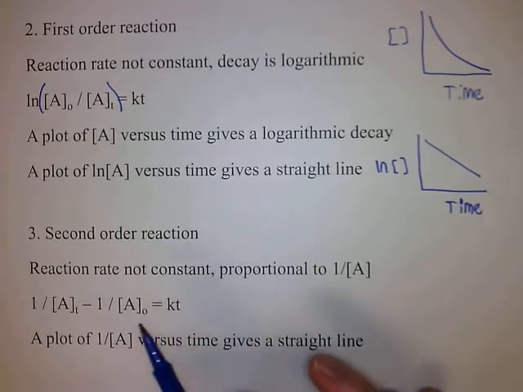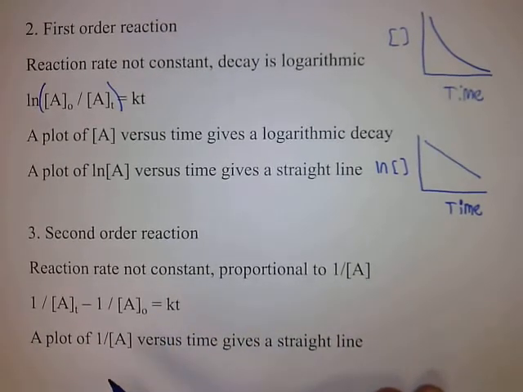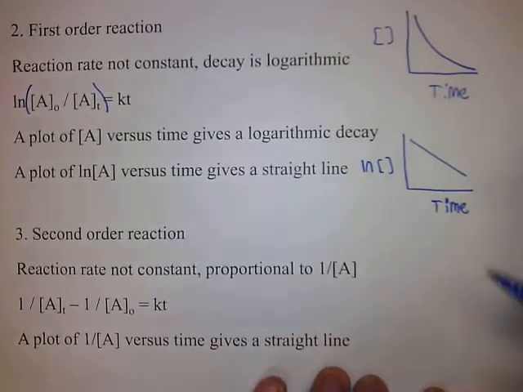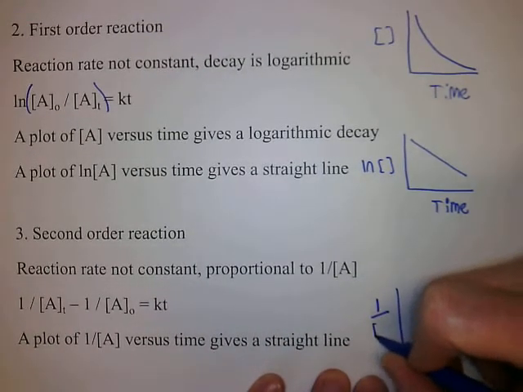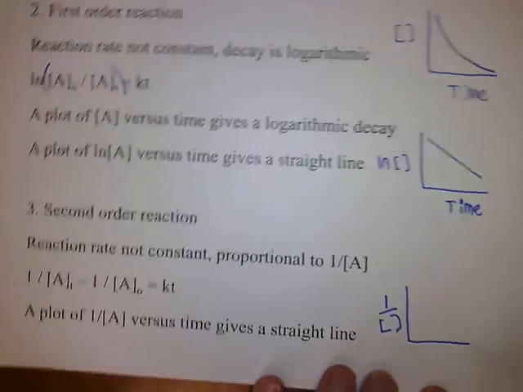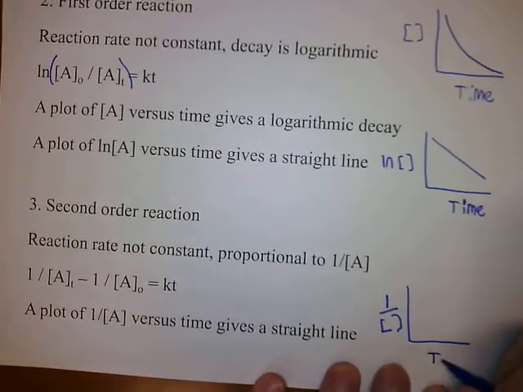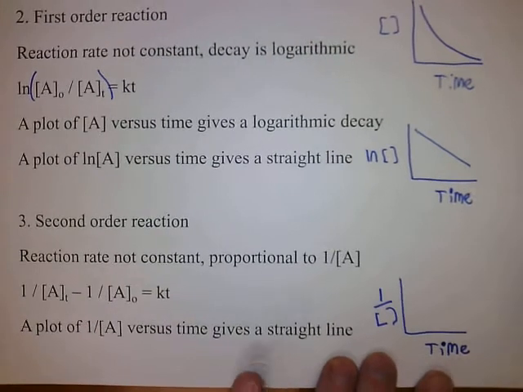So now, if your reaction is following second order kinetics, a plot of 1 over concentration versus time gives a straight line. So if we plot 1 over the concentration versus time, now we'll have the straight line. Okay, and that's second order kinetics.